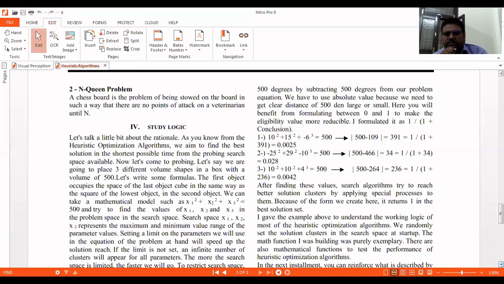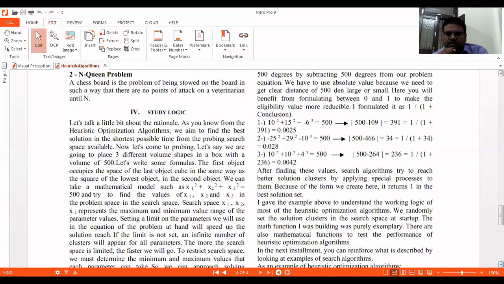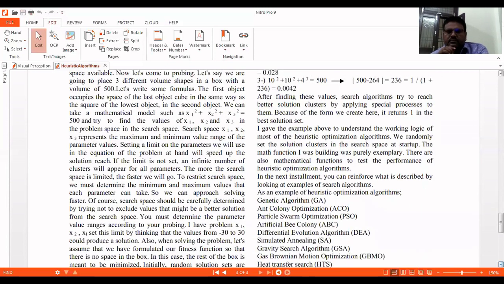There are also mathematical functions to test the performance of heuristic optimization algorithms. In the next installment, you can reinforce this by looking at examples of such algorithms.